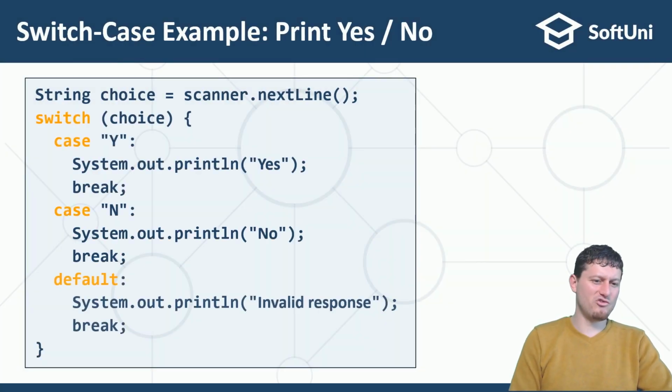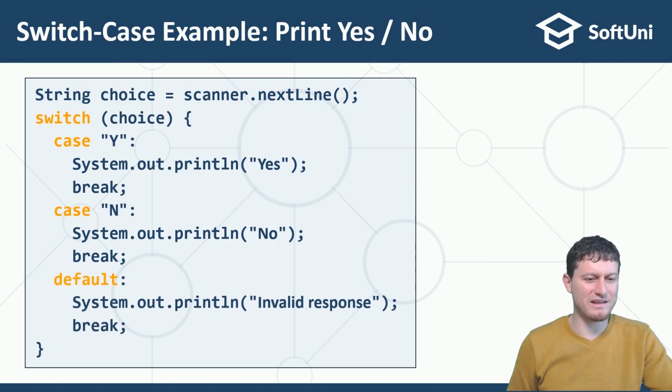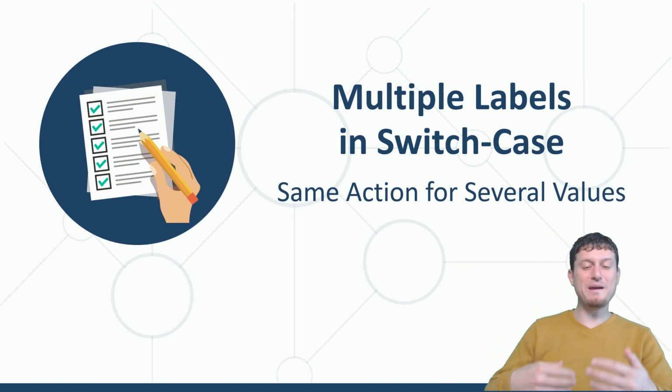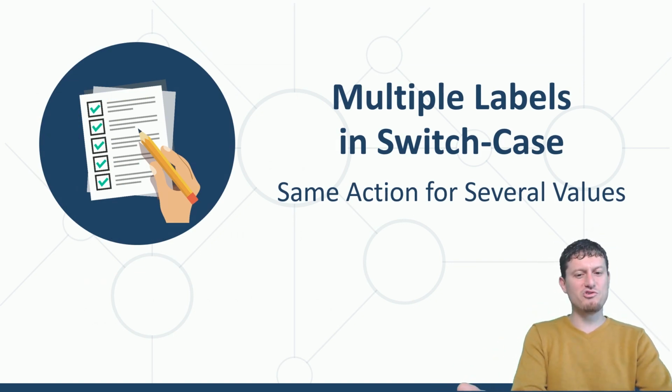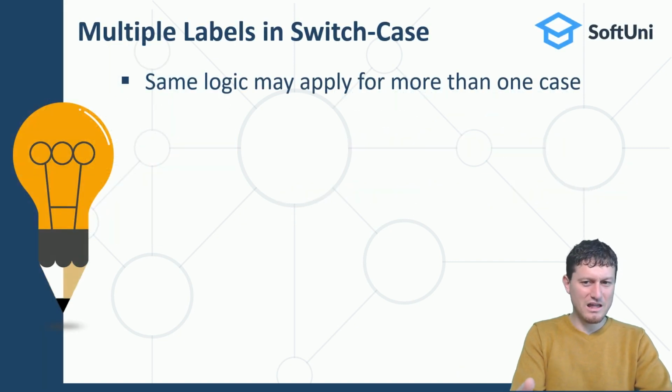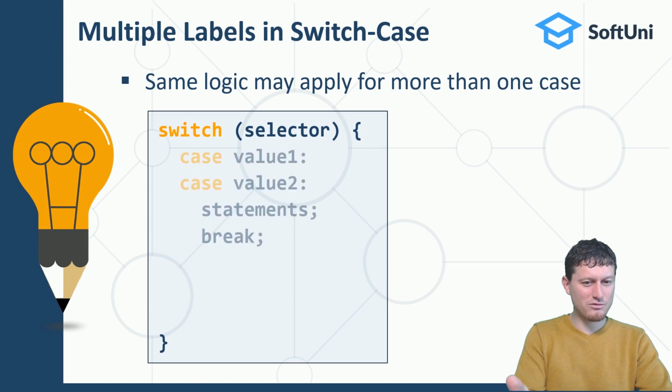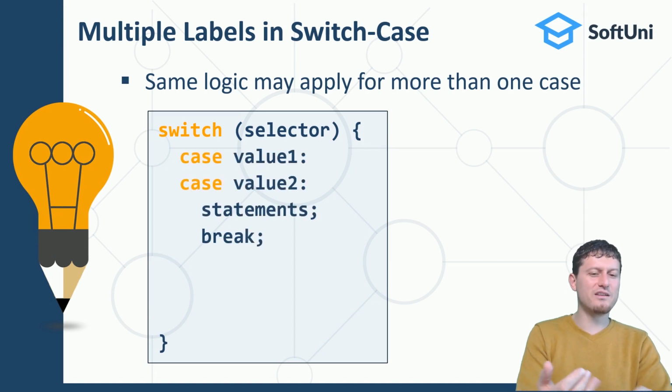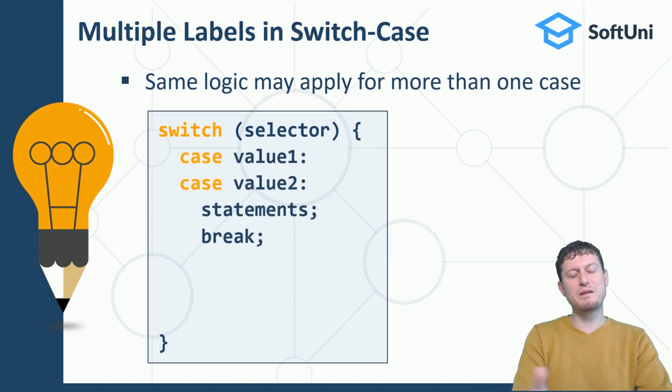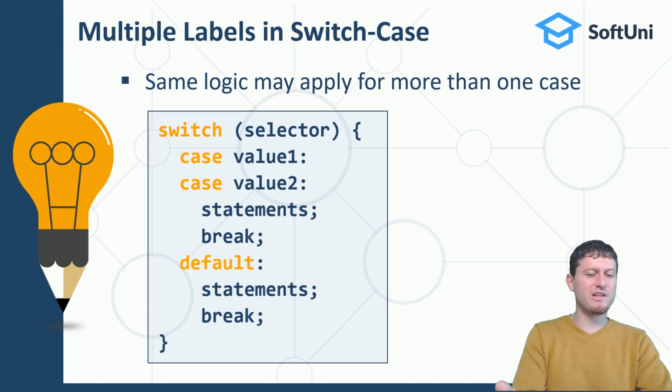We may have switch in many cases, and we may have default, which is something like the final else. We may have multiple labels in the switch case, and I already demonstrated this, because we may have the same action for several values. This is an example: switch selector, case first value, second value, third value, some statements and break. Default, some statements and break.